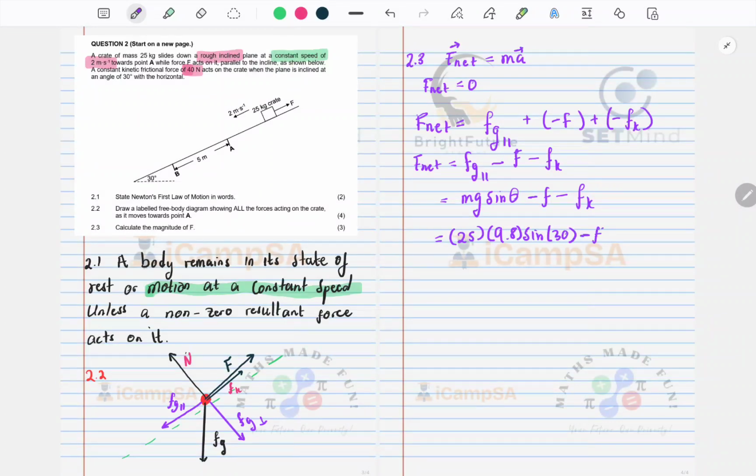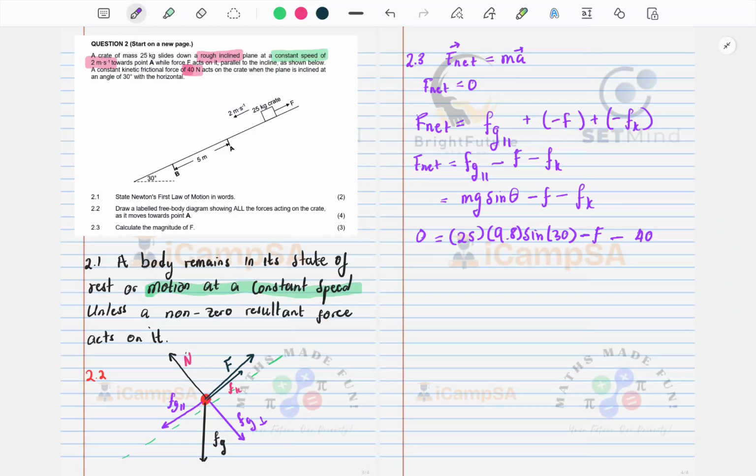We are looking for F, so minus F minus Fk. Did they give us Fk? Yes, they gave us 40 newtons, right? Remember, Fnet here equals 0. So now you can just bring F to the other side, and then we get our answer.